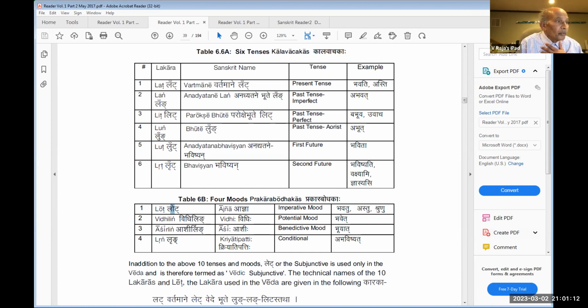And then vidhiling, that is potential, may happen. It may rain tonight. It may not rain. And another one is benedictive, that is ashirvada. When you look at the verb, you can immediately say which of the 10 forms it is.